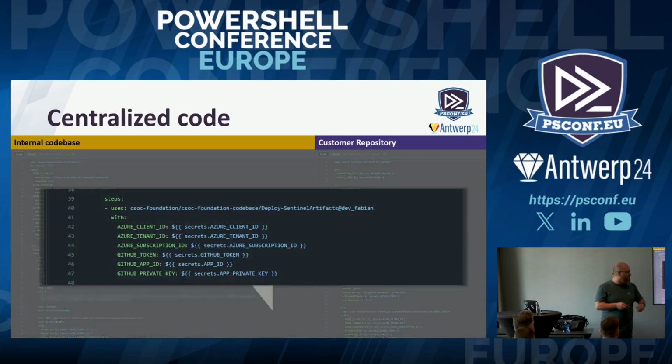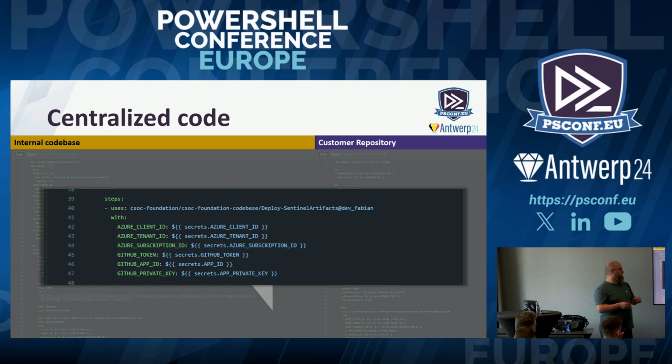So how this looks, on the right-hand side on the customer repository, we just define, okay, we have our CSOC Foundation code base, and we want to deploy Sentinel artifacts. And as you can see here, in my repo, I have a dev branch where I develop in. For a regular customer, there would be the stable branch in there.